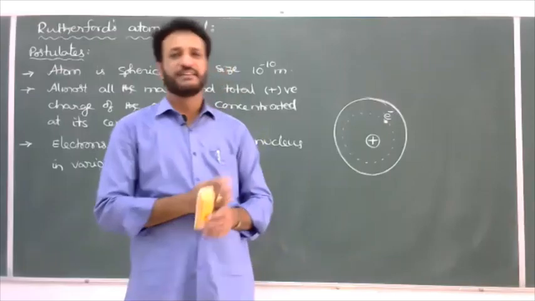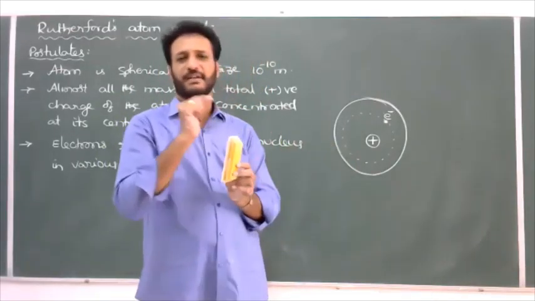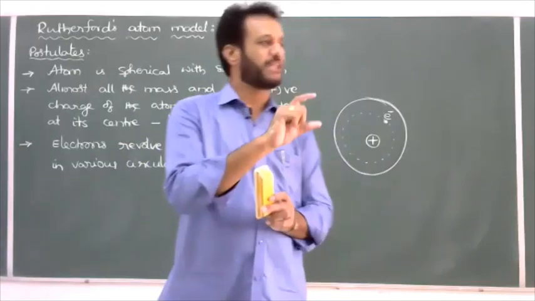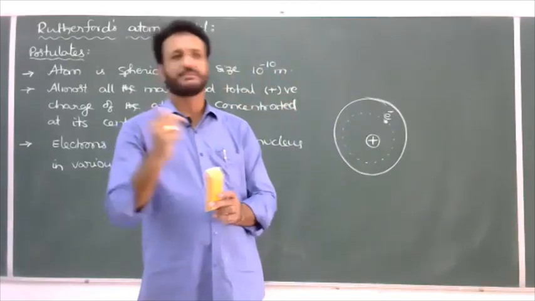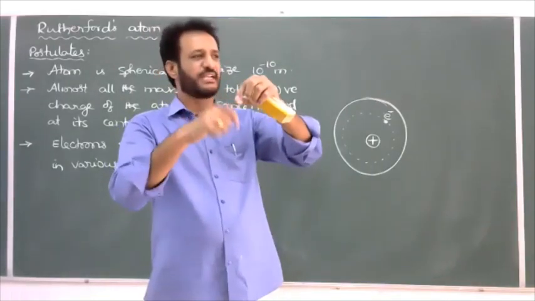For example, whenever a vehicle is moving in a curved path, the necessary centripetal force is provided by the friction between the road and the tires. When we tie a stone to a string and rotate it in a circular path, the centripetal force is provided by the tension in the string. For planets revolving around the sun, the centripetal force is provided by the gravitational force between the planet and the sun.